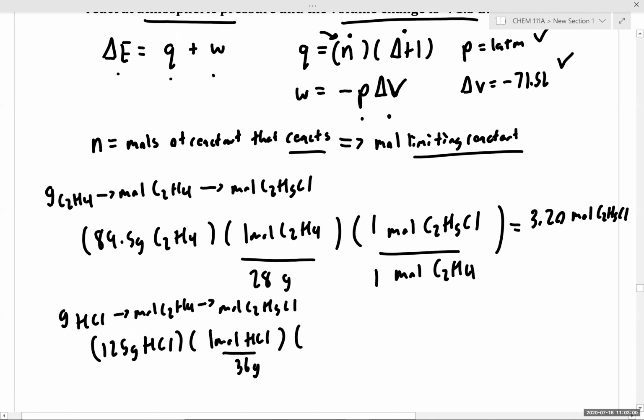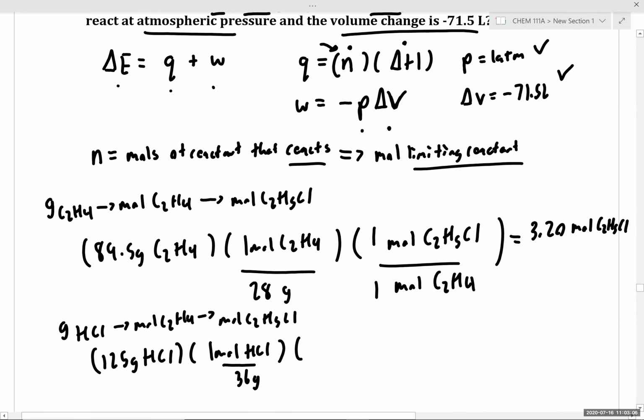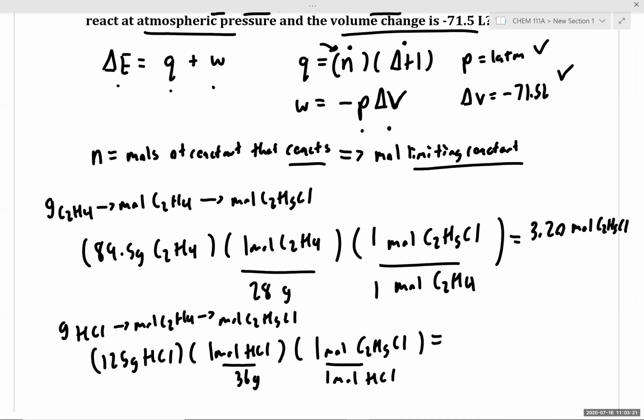Looking at our stoichiometry, again, we have a 1 to 1 stoichiometry of product to reactant. In this case, the stoichiometry is relatively straightforward. In other problems, the stoichiometry may not be as obvious. So this gives us 6.67 moles of C2H5Cl.